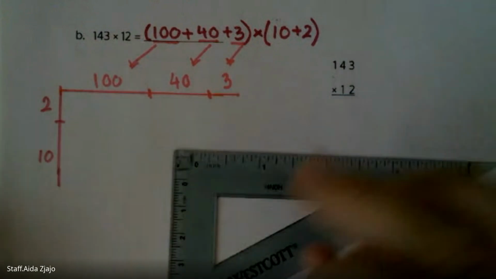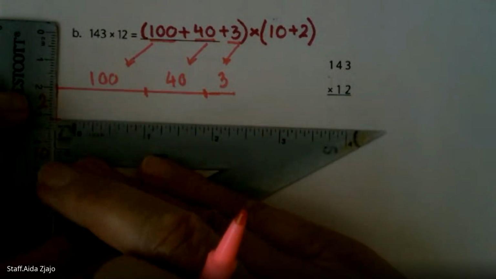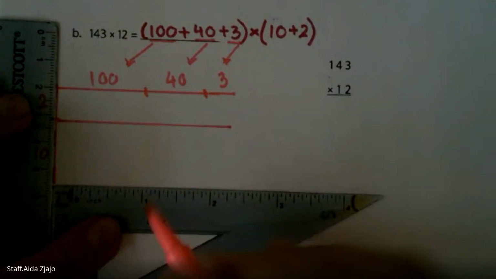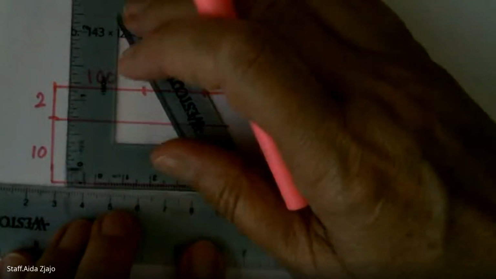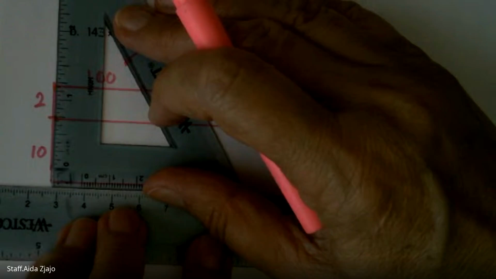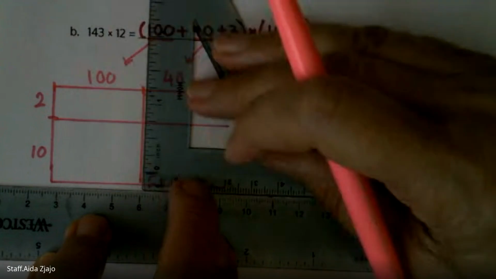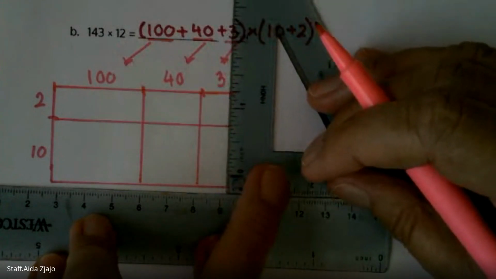I'm going to make the areas, draw the line in between 10 and 2, and then also make lines between 100 and 40 and 3.